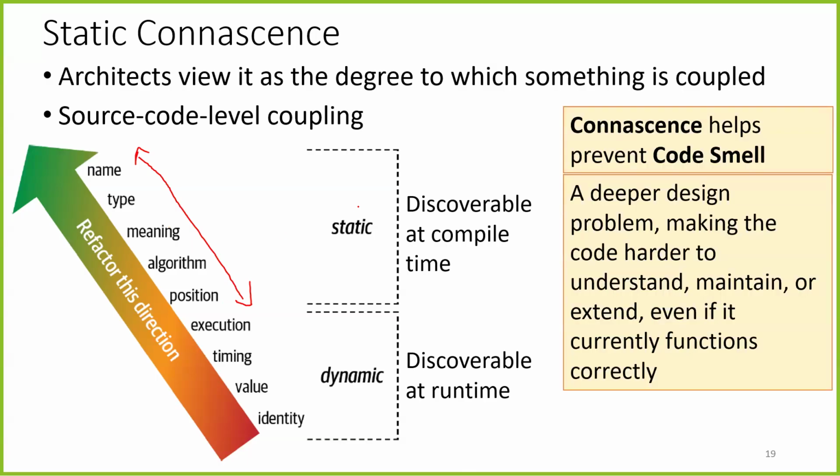So connaissance helps prevent code smell. I discussed the concept of code smell previously. Code smell is when your code starts to rot, like when food becomes bad, it starts to smell. It is the same with code. You started with a nice design, but in the middle of your project, what happens?